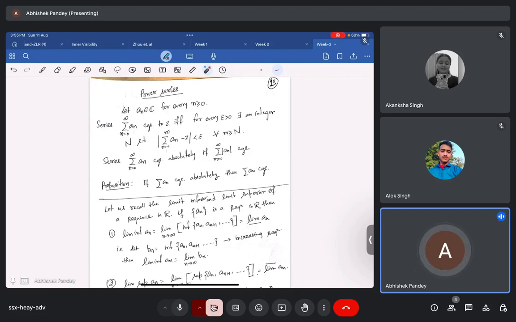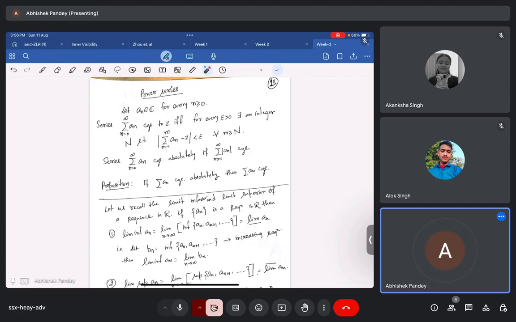Holomorphic I have already defined: it means differentiable in a neighborhood of that point. Now I'm going to define the analyticity of a function. Although they are both equivalent, to prove one part we need the Cauchy integral formula that we will see later. Holomorphic and analytic functions are equivalent, but the historical development is different.